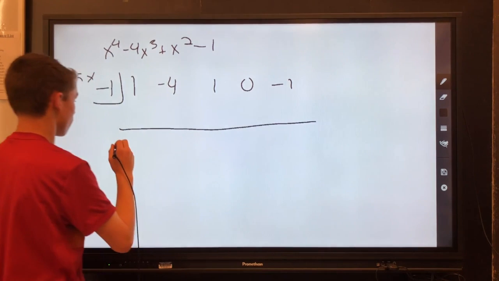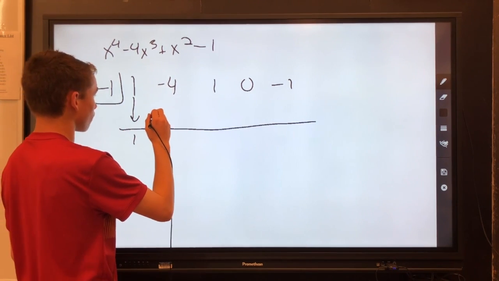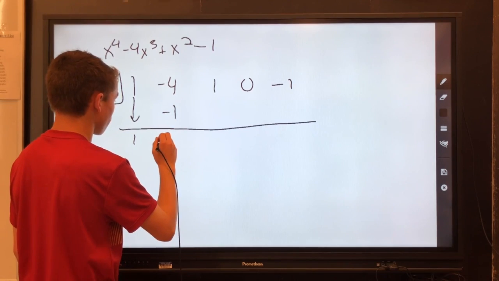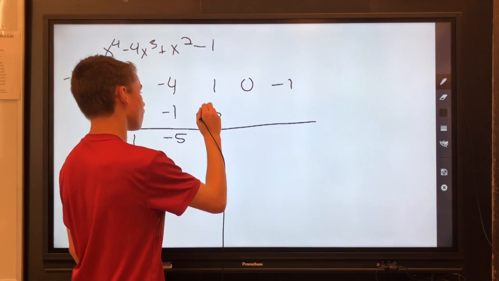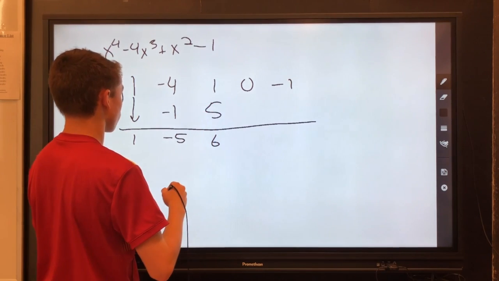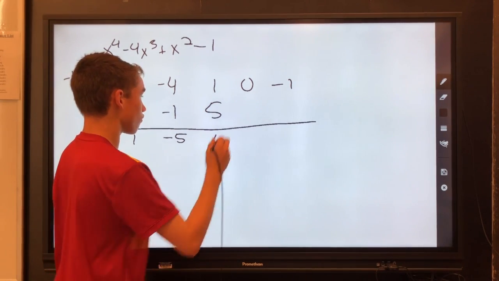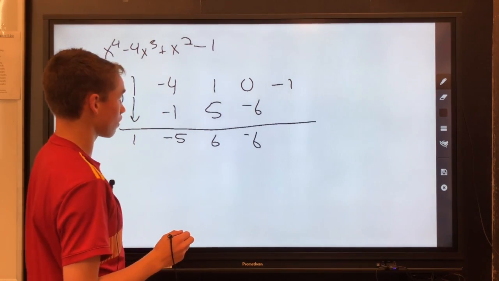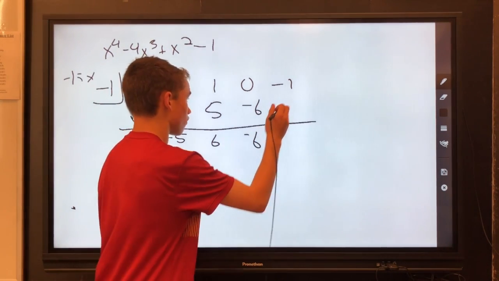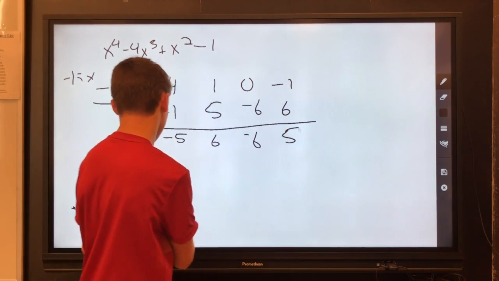Divide it, drop down the 1. 1 minus 1 times negative 1 is equal to negative 1. Negative 1 plus 1 is equal to negative 5. Negative 1 times negative 5 is equal to 5. Then 6. Negative 1 times 6 is equal to negative 6. Negative 6 times negative 1 is equal to 6. And negative 1 plus 6 is equal to 5.